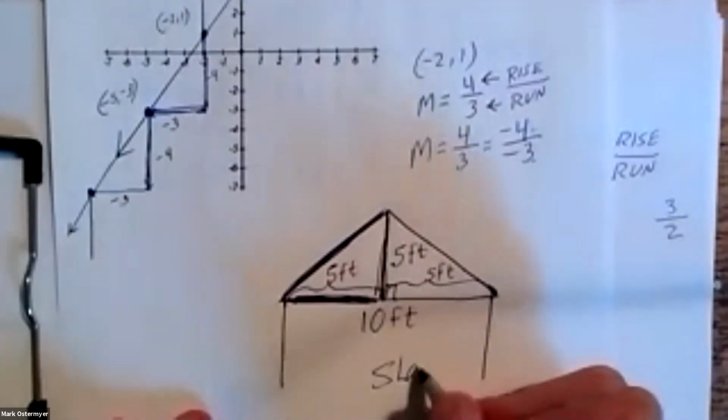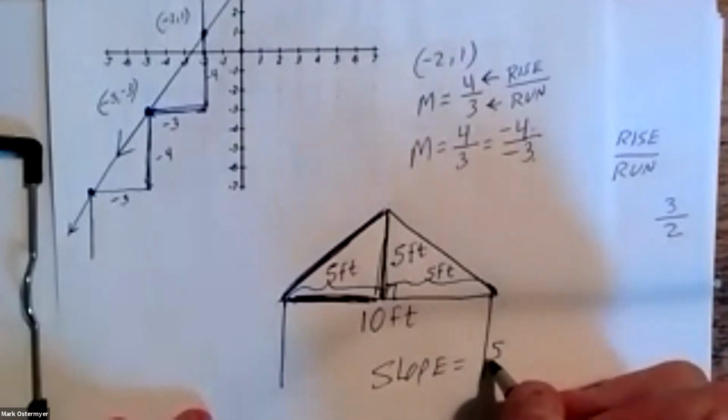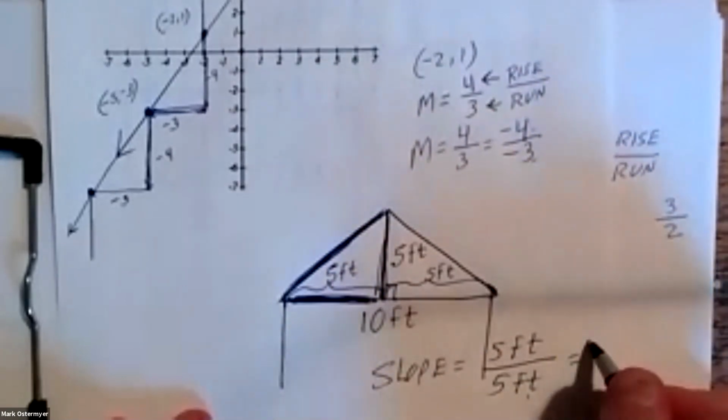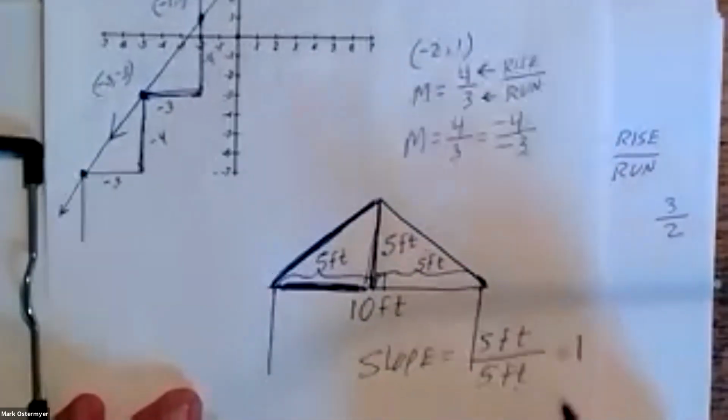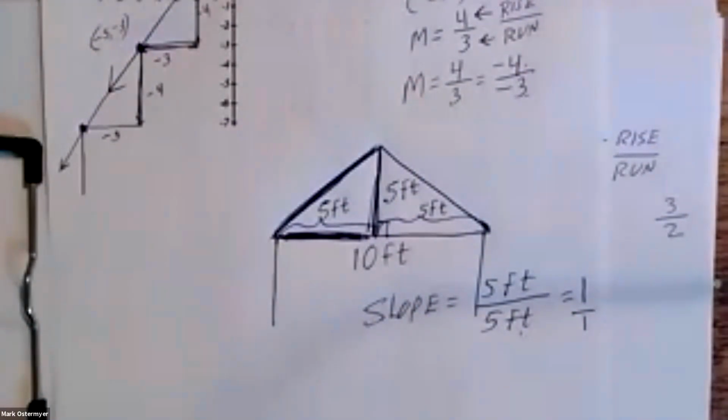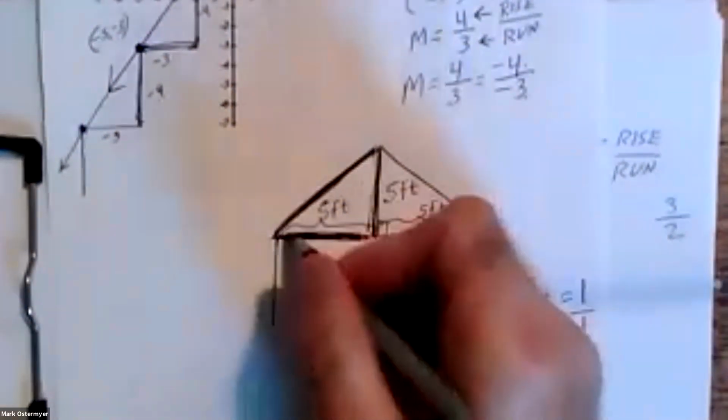So what's the slope of this roof? The slope would be what? 1, correct? 1 or 1/1. That would be the slope of that roof. So roofs have slope to them. So much rise versus run.